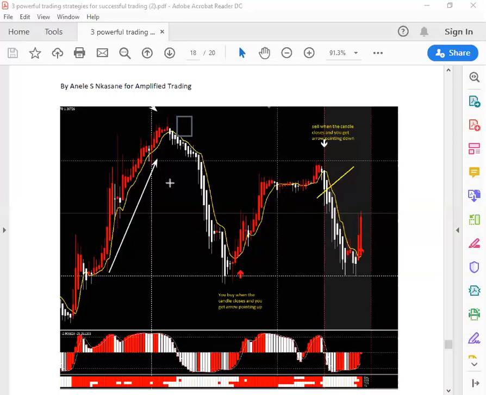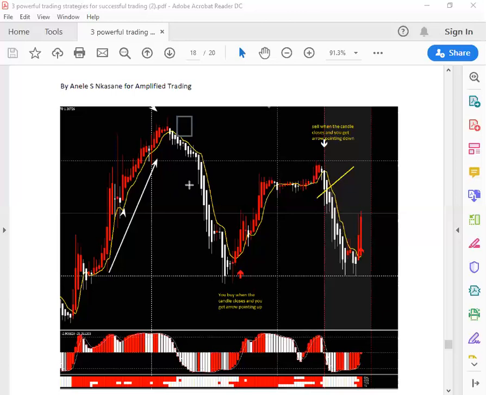Now you can see that the price is heading upwards, and we have the 5 moving average right over there. The reason is that we want to get into a market as quickly as possible.